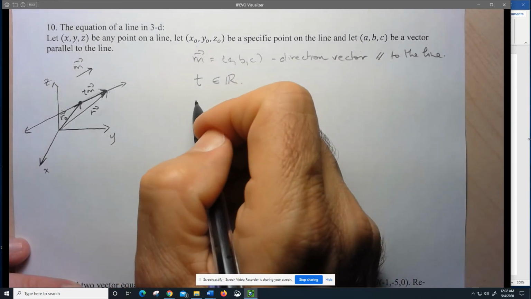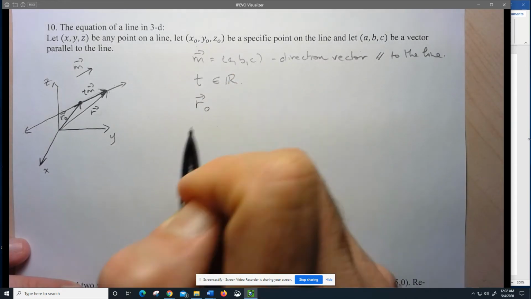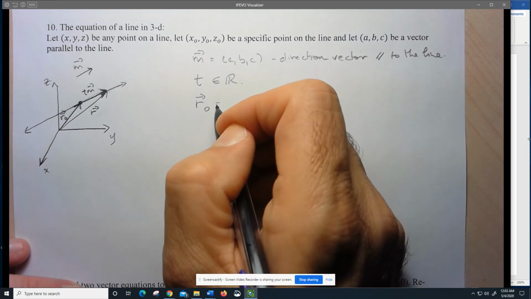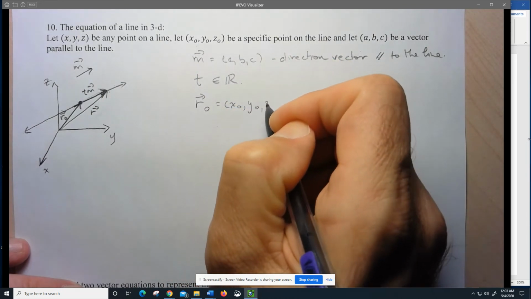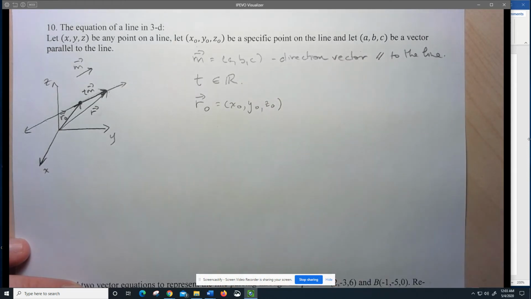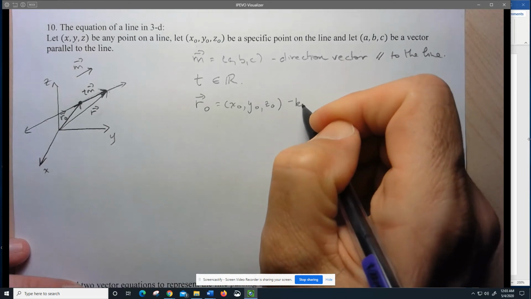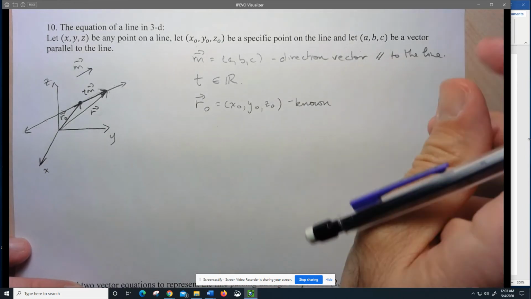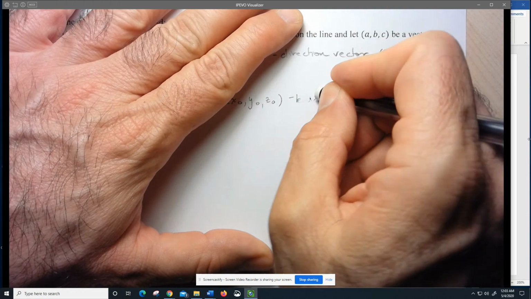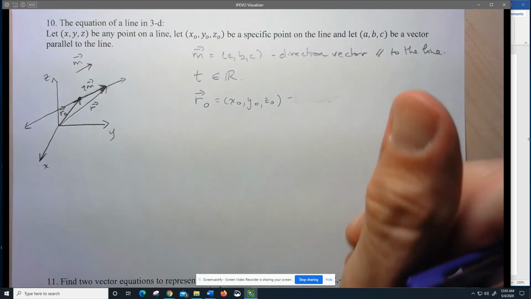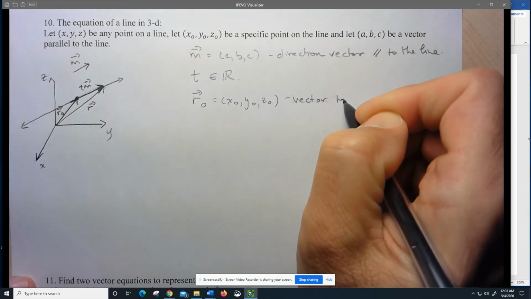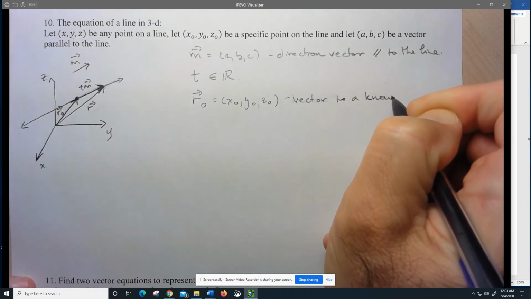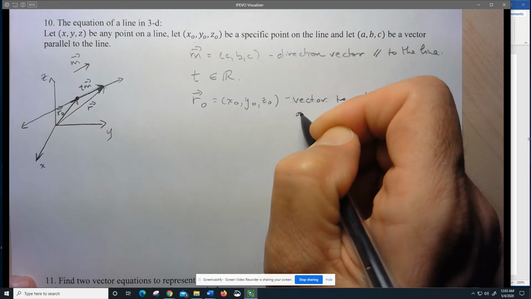Then you need your vector to a specific point on the line. We'll say it's a vector to a known point, because again, these are all vectors. So this is a vector to a known point on the line.